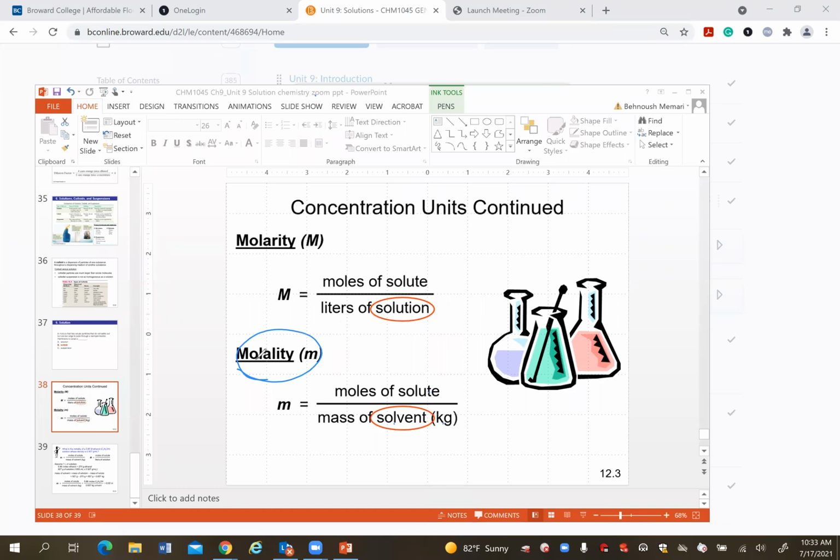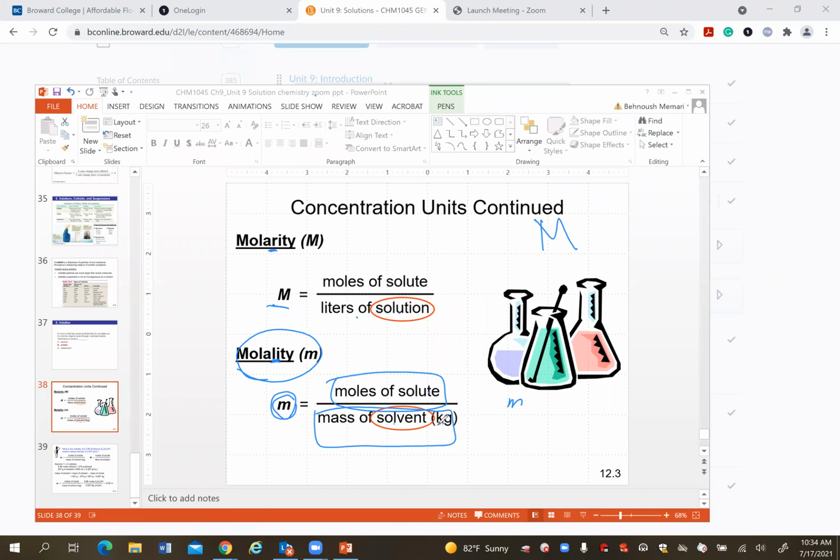But when it comes to molality, which we show with the lowercase m, not a capital M. When you see capital M, that's for molarity with an R. Lowercase m is molality with an L, okay? In molality, you still need the number of moles of the solute, but instead of the volume of the solution, you are using the mass of the solvent.